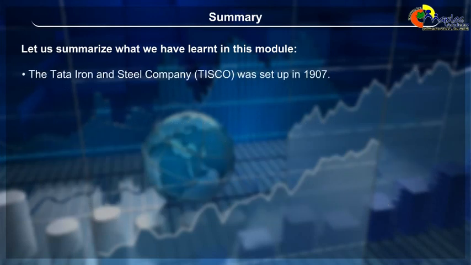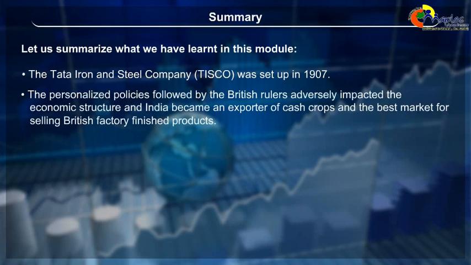The Tata Iron and Steel Company, TISCO, was set up in 1907. The personalized policies followed by the British rulers adversely impacted the economic structure, and India became an exporter of cash crops and the best market for selling British factory finished products.